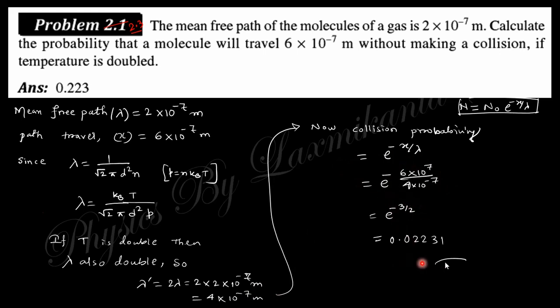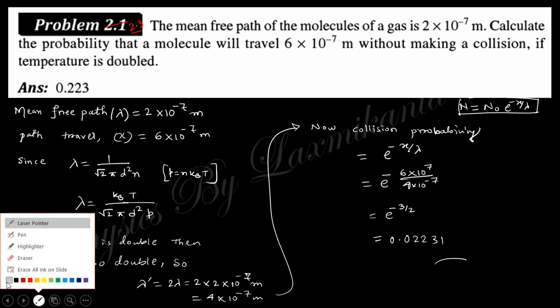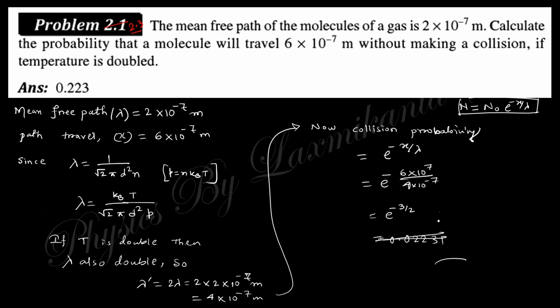If you calculate it, you will get e to the power minus 3 by 2, which gives you 0.223. I wrote it down wrongly, sorry for this mistake. It is not 0.2231. Okay, so this is correct. No problem.